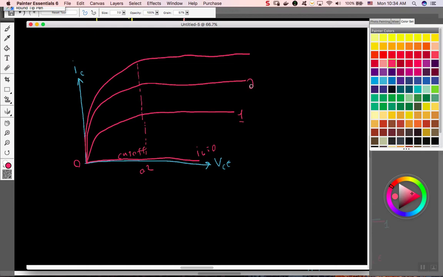This could be IB equal to 2. This is going to be IB equal to 3.